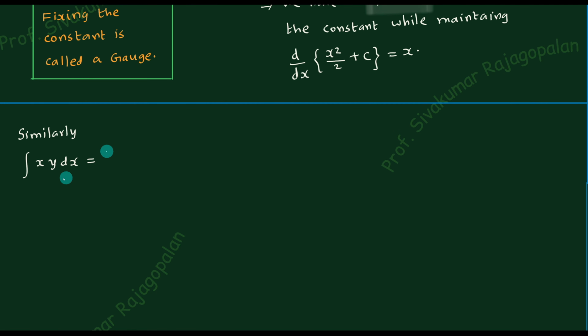So here it is clear that the integral is with respect to x only, which means that the integration is partial, only with respect to x. So that means y will be treated as a constant. You know that y is a variable, but because the integration is partially with respect to x, y can be treated as a constant and therefore it can come out.